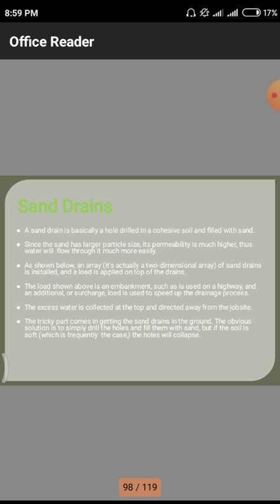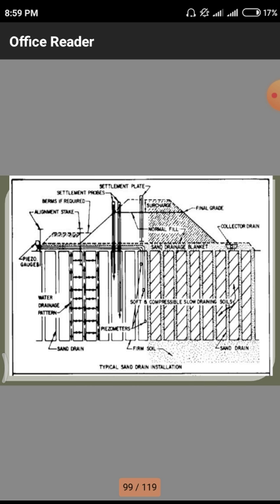That means previously we discussed these preloading techniques. Likewise in these sand drains also we are using some amount of surcharge load onto the particular soil. Due to the surcharge load and other things employed on the particular field, the total load will act on the particular field so that water will come onto these sand drains easily.